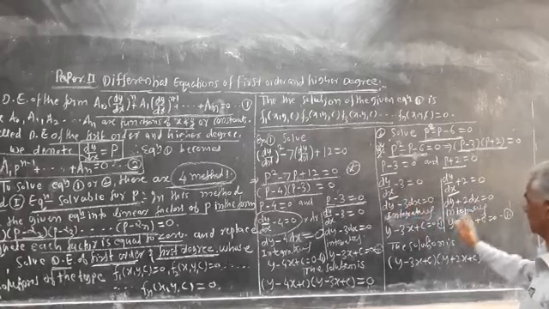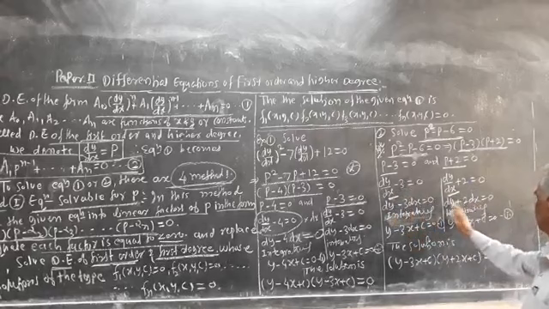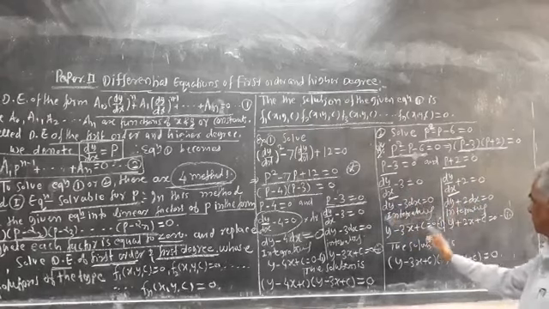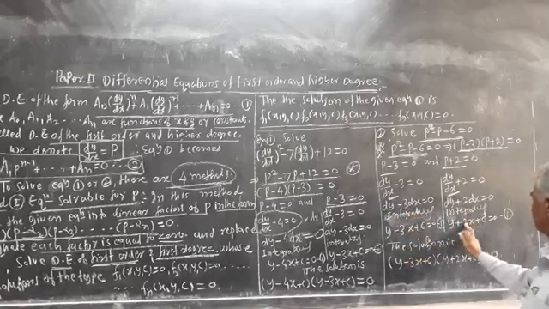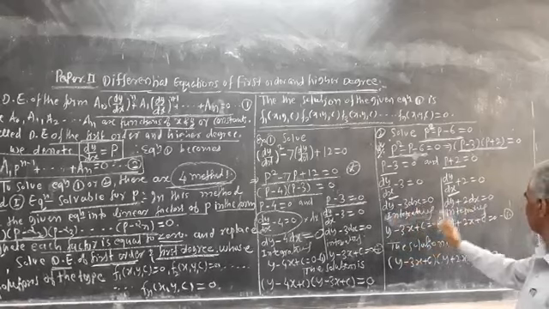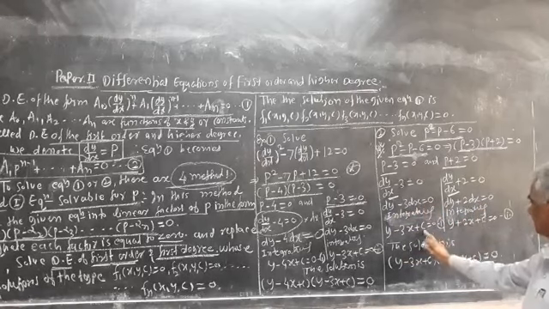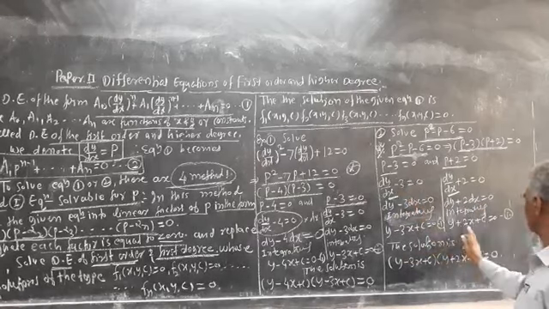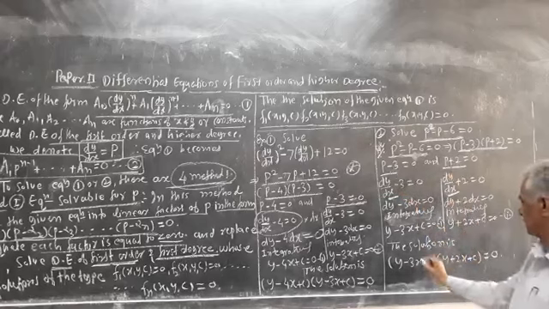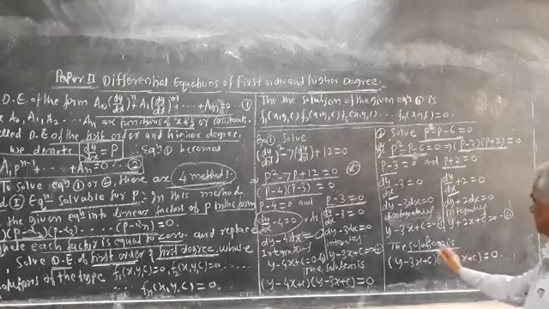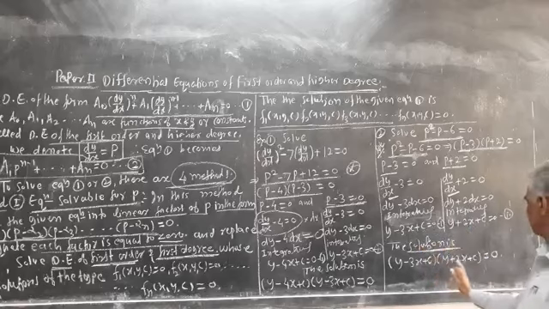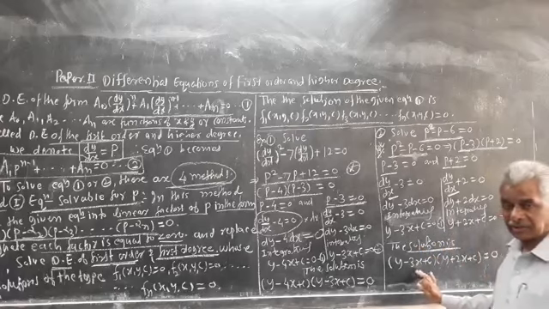Integration of dy is y minus 3 into constant, and integration of dx is x, plus you add the constant. It is the solution of it. Hence the final solution is the product of these factors equal to 0, which is the required solution.